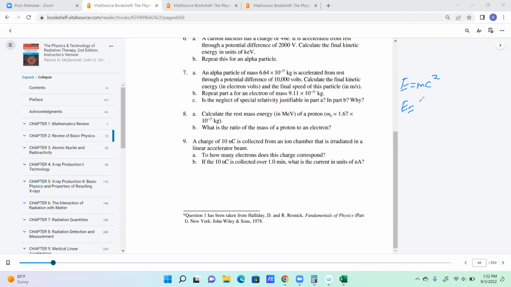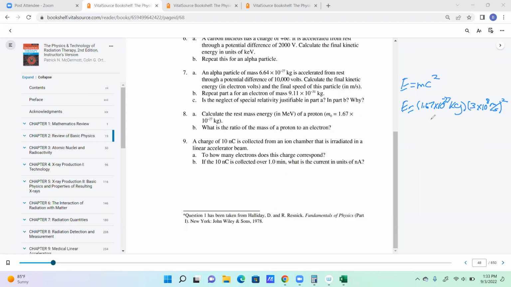When it doesn't, all right. So I'm going to take 1.67 times 10 raised to the minus 27th kilograms. I don't know why it keeps losing the focus like that. And the speed of light in round figures is going to be that.